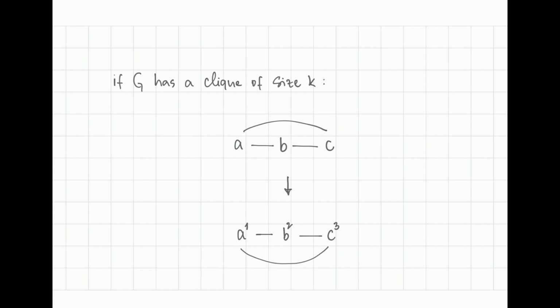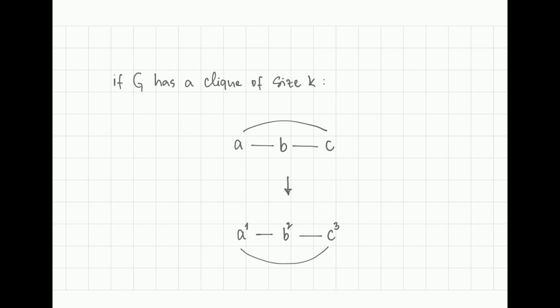Now consider any pair of vertices among these chosen vertices, let's say the ith copy of vi and the jth copy of vj. Notice that they are going to have an edge between them because of the construction, because we know that vi and vj have an edge between them, as they were coming in from a clique in G.